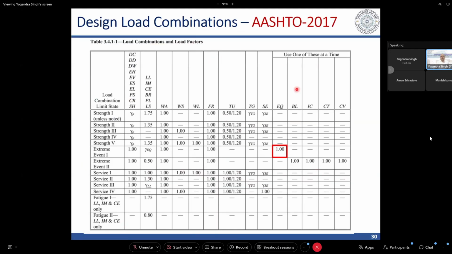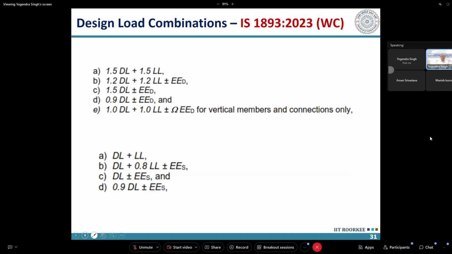Similarly, ASTO is also giving the load factor for earthquake load as 1. But in our current code, the factor for earthquake is 1.5, and this has been done away with in the draft under circulation, because it is based on PSHA, and there the response spectra are defined directly for DBE and MCE. So you can see here also the earthquake load factors are 1.